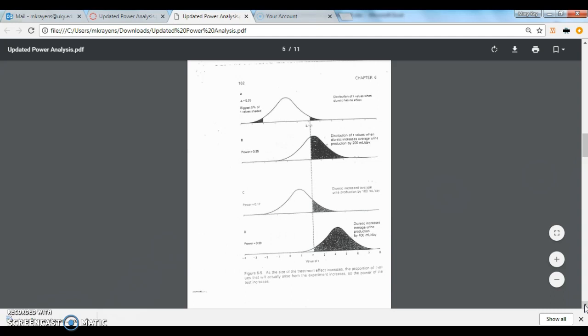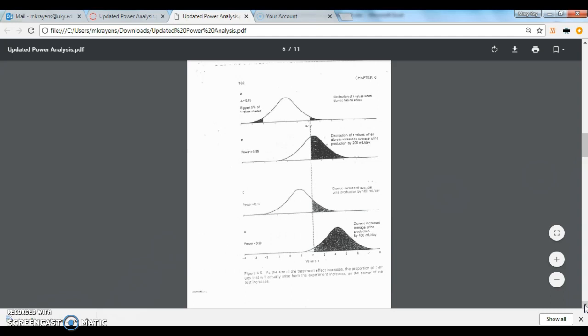And then at the opposite extreme, if the diuretic were super effective and increased urine production by 400 mils per day, then you would get a huge shift to the right of the distribution of the T values if the alternative hypothesis of this 400 mil per day increase were true, which would put actually 99% of the possible values to the right of that 2.101.